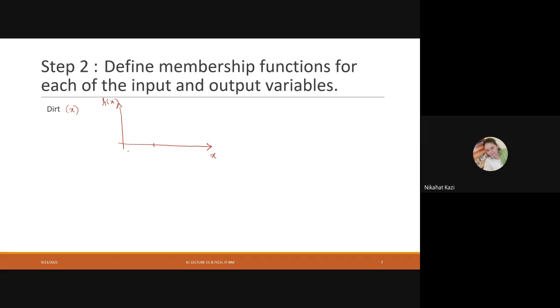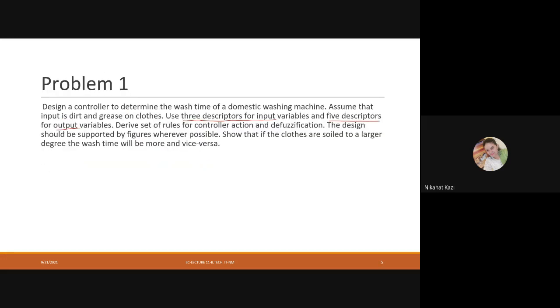I am just assuming that this is the range, and there are 3 descriptors. Remember, this is the maximum membership value that we have. We have to characterize these membership functions in terms of the standard membership functions that we have studied.